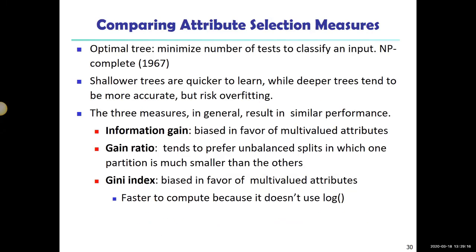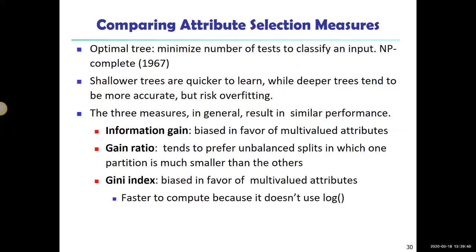Yeah, I talked about this already. Generating an optimal tree is NP complete, meaning it's very, very hard. Nobody has found a method to do that. An optimal tree means a tree that will give you the minimum number of tests to classify an input correctly.